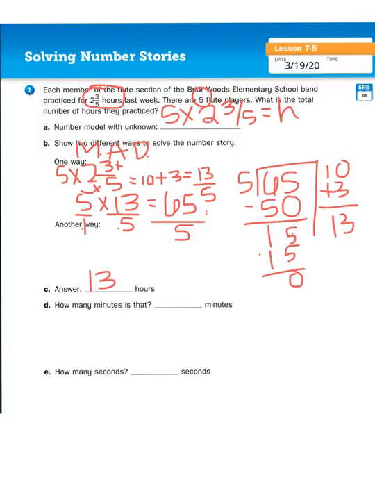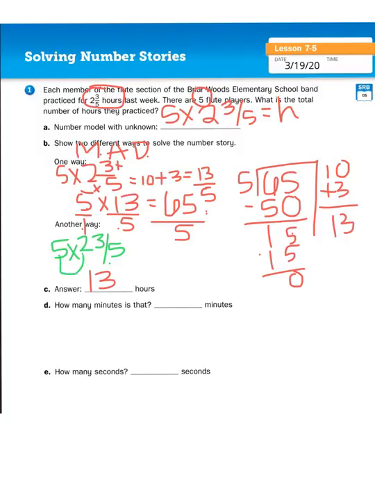All right, I'm going to show you another way we could have done this. Use a different color. Okay. Instead of changing 2 3/5 into an improper fraction, we could multiply 5 times the whole number and the fraction.